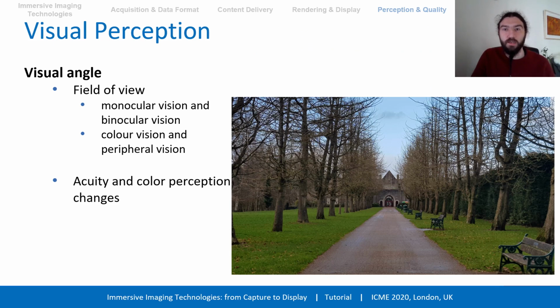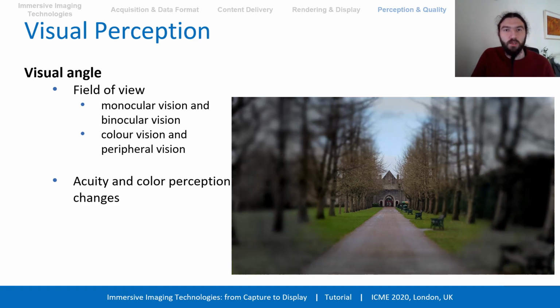So if we are standing at a particular location, say on a dirt road like this one, with trees by the sides, as shown here in this picture, our eyes actually see something similar to this. Our color vision is generally focused on the center, and also our visual acuity is the strongest in the center part.